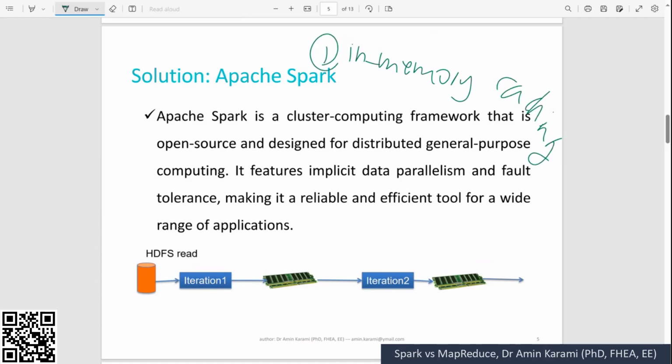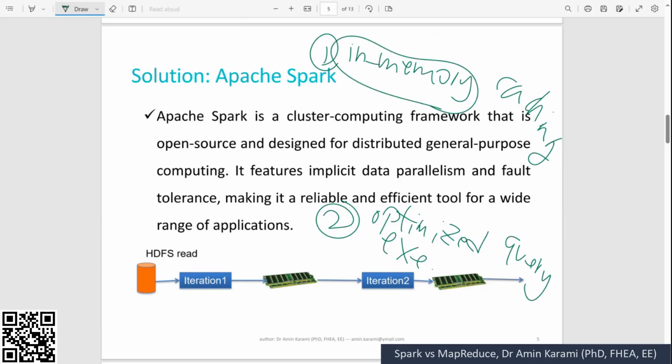This is one advantage. The second advantage is optimized query execution. All right, that we can use. And because of this memory processing, even if you have your data on hard disk, you can read your data at the first iteration, and the data is going to be in memory, right?